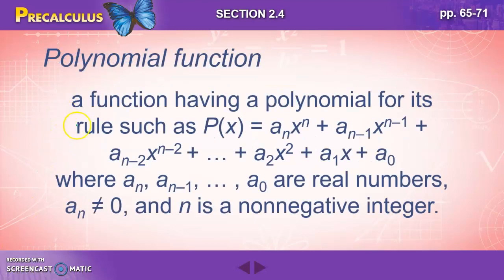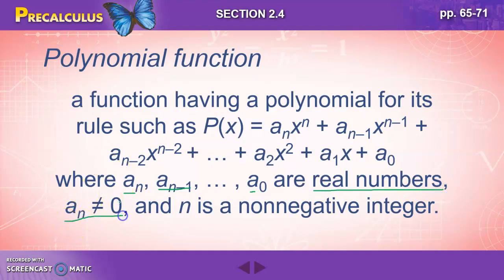A polynomial function is a function having a polynomial for its rule, such as p of x equals, and there's that definition of a polynomial again, where our coefficients, a sub n, a sub n minus 1, all the way down to our constant term, are all real numbers.